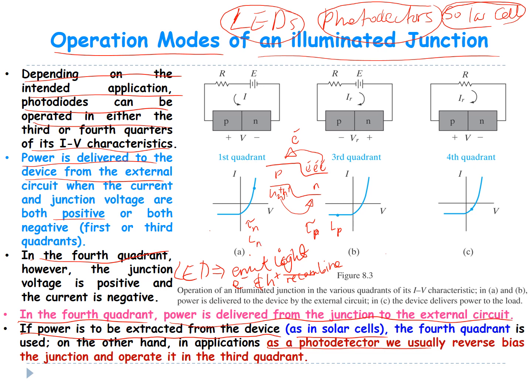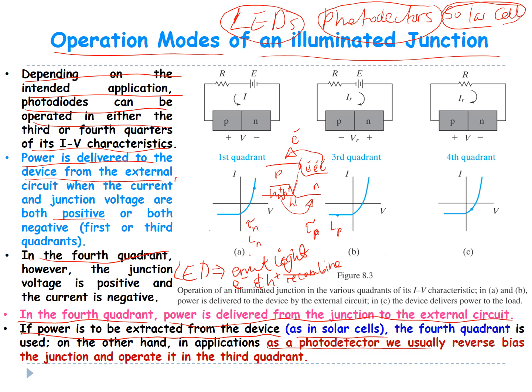Or as the electrons and holes pass through the depletion region, they will recombine there. So you can also have recombination within W and recombination within Ln and Lp. So I'll write that again.